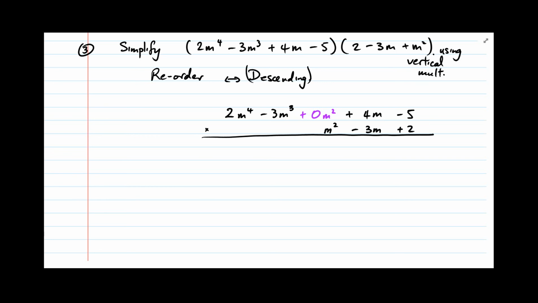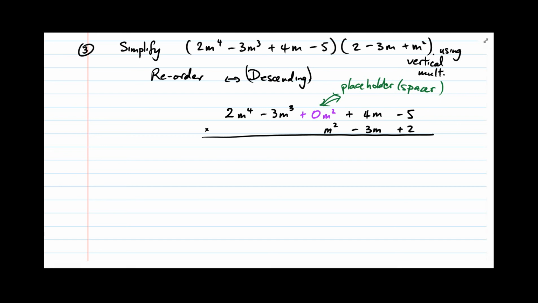This part is sometimes just called either a placeholder or a spacer. And this is essentially just needed because I am trying to write all my like terms underneath each other.